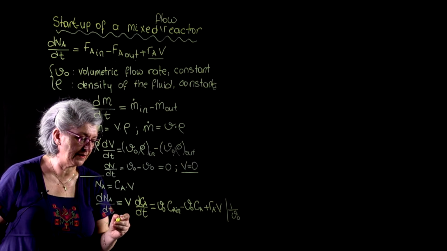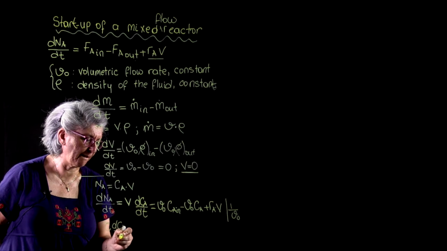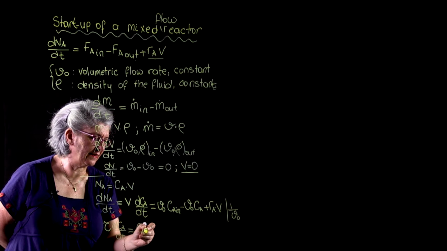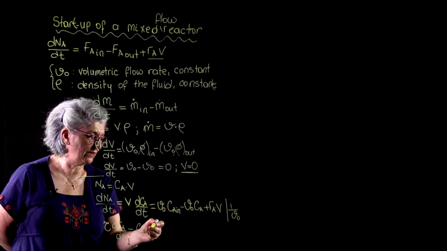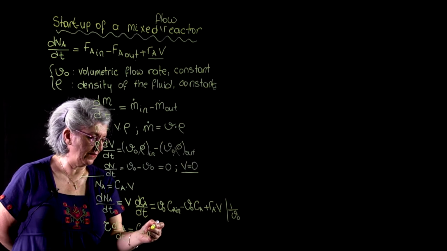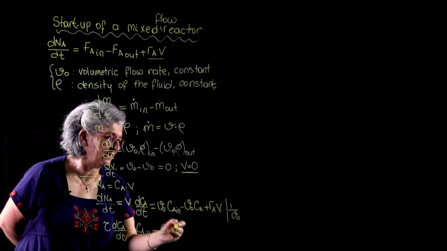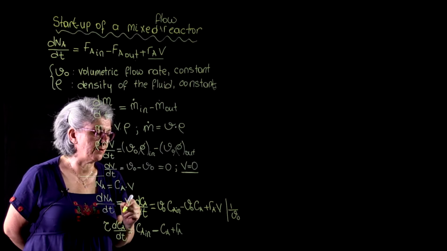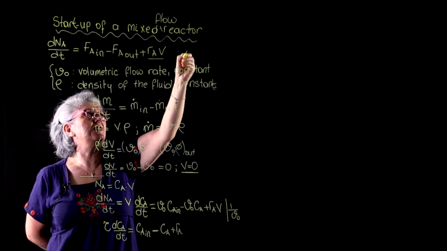It was the space-time. dCA over dt, that is equal to CA in, concentration of the stream that enters through the system boundaries, minus CA, plus R sub A. And we are solving these equations for a hypothetical A goes to products type of a reaction.